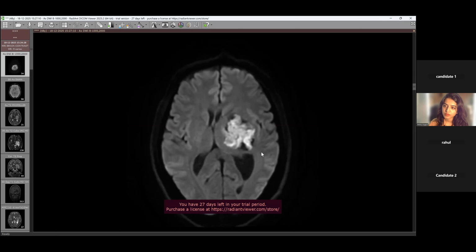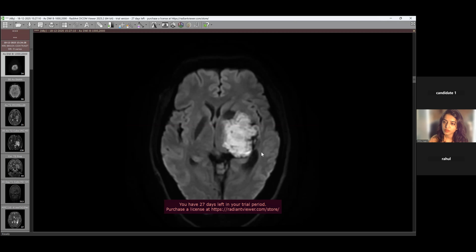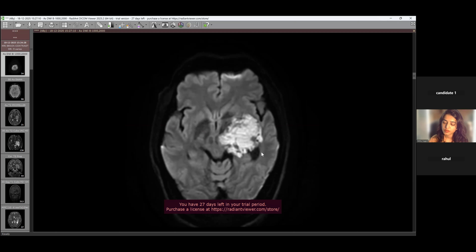This lesion is hyperintense on diffusion, and it is causing mass effect and midline shift. I would like to further see this case on the ADC mapping to see if it is a true restricted diffusion. Yeah, you can have a look, it was showing diffusion restriction.